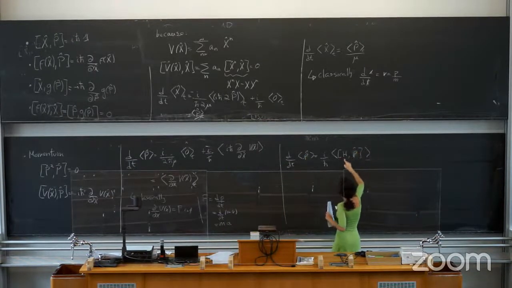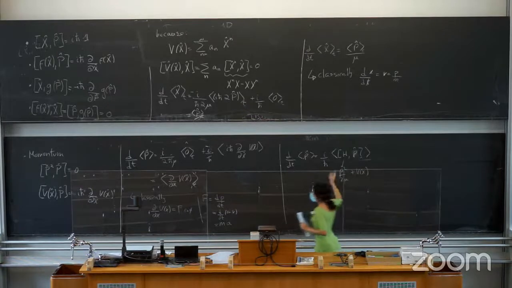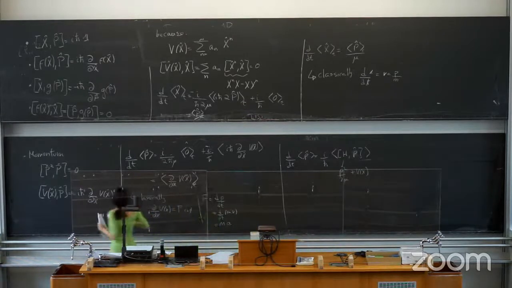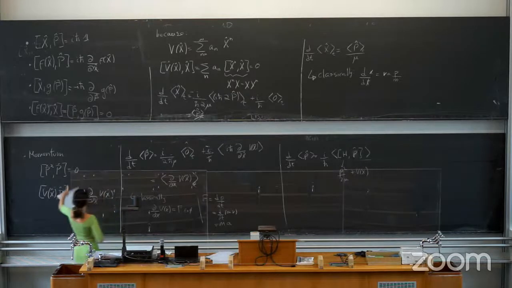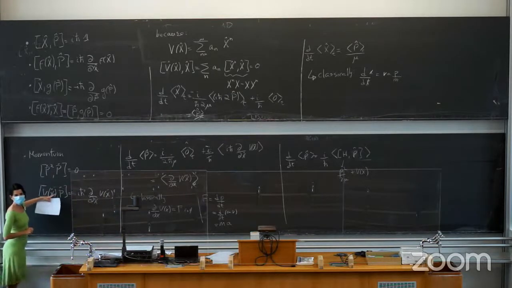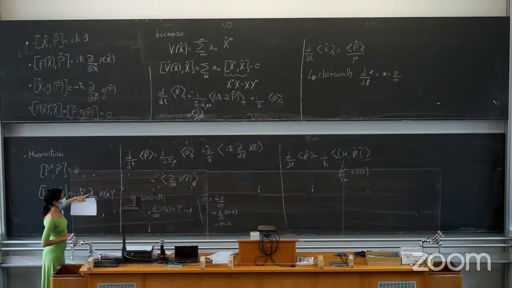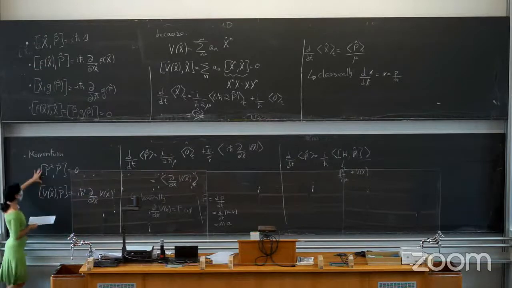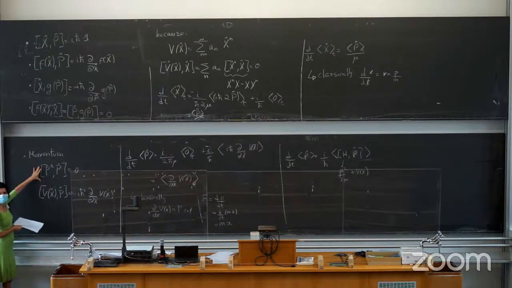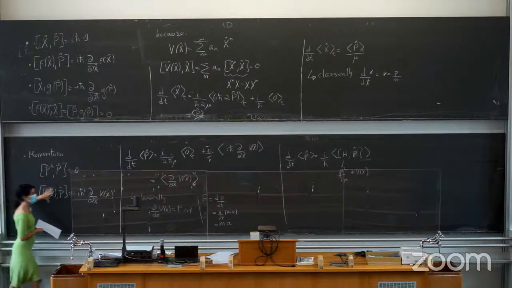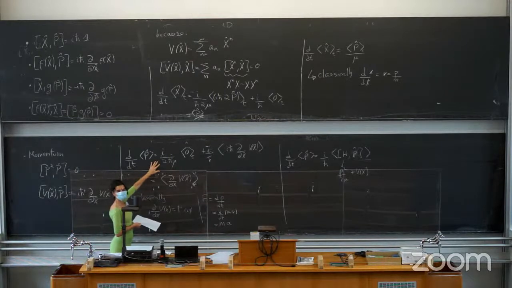H is p squared over 2 mu plus V of x. I computed the building blocks here. Why are those two equal to the vectors? Is that just a definition? I understand why that one.